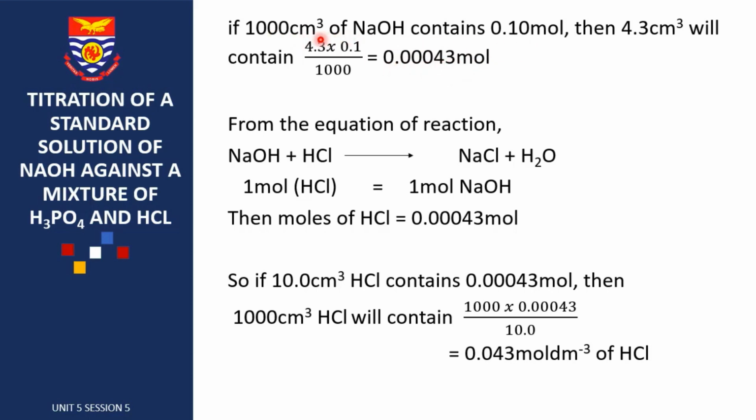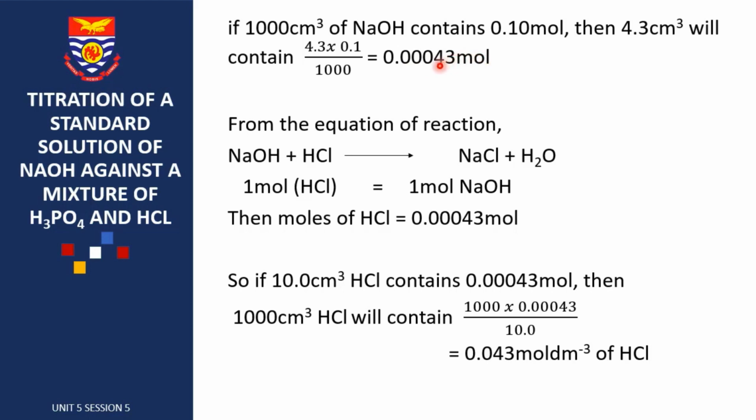So if 1000 cubic centimeters of the sodium hydroxide contains 0.1, that's the concentration, then the 4.3 cubic centimeters that was used will contain 4.3 times 0.1 divided by 1000, and that is going to give us this answer, 0.00043 moles. This is the moles of the sodium hydroxide that reacted with the hydrochloric acid.